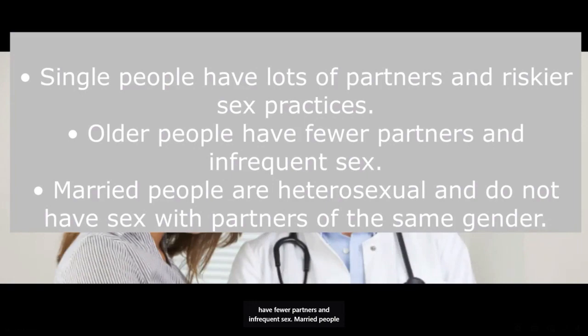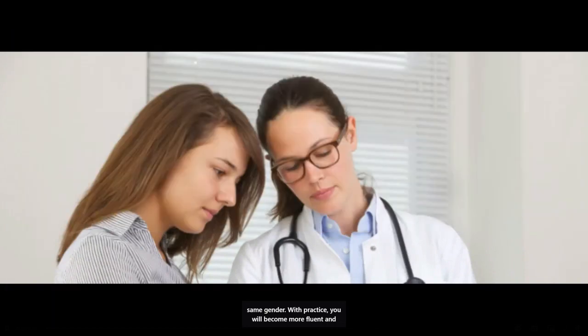Older people have fewer partners and infrequent sex. Married people are heterosexual and do not have sex with partners of the same gender. With practice, you will become more fluent and comfortable talking about the female reproductive system, STIs, contraception, and sexuality.